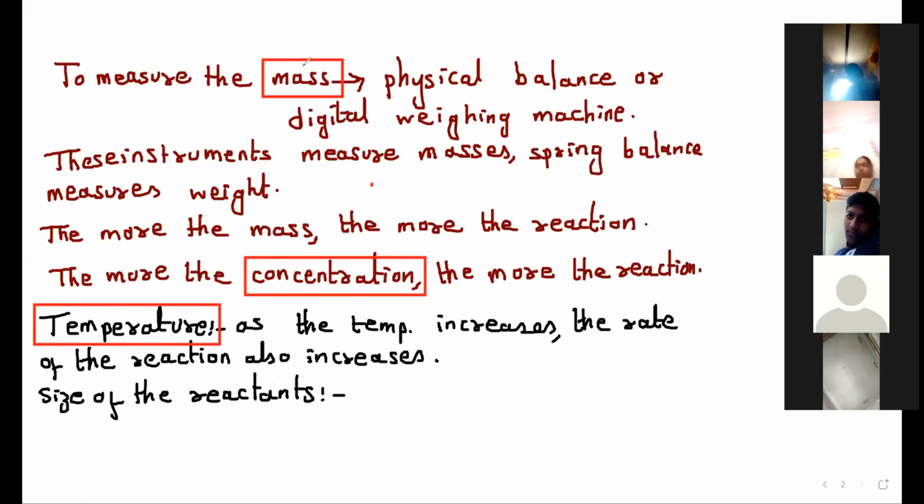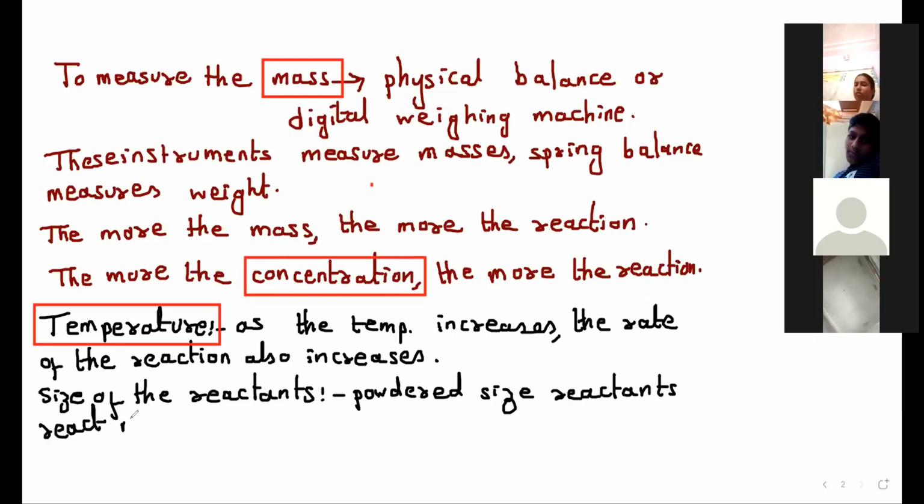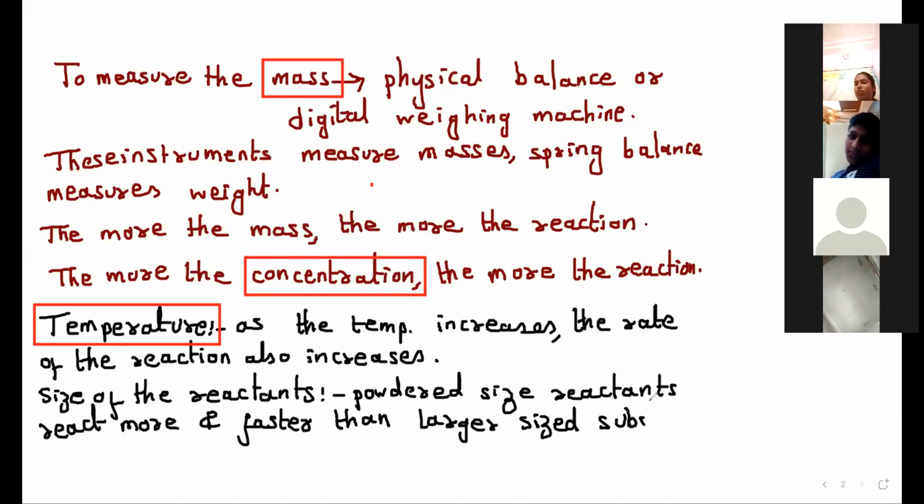Powdered size reactants react more and faster than larger particles, larger sized substances.